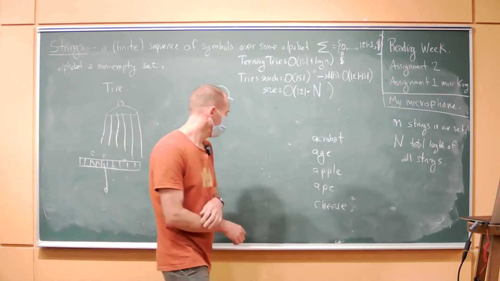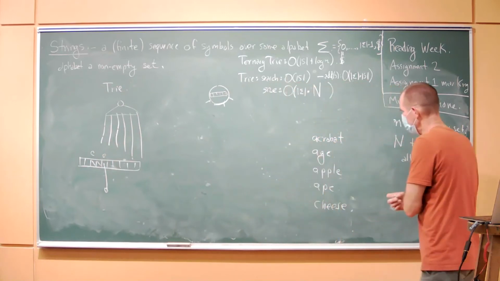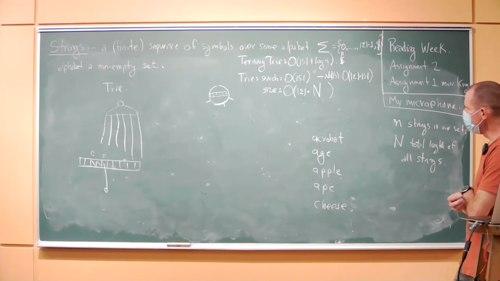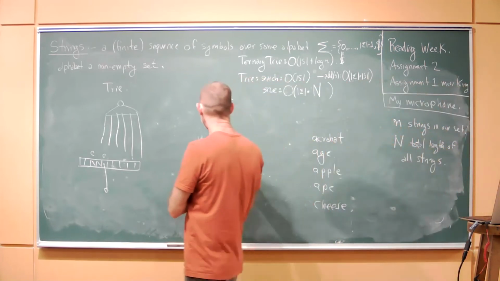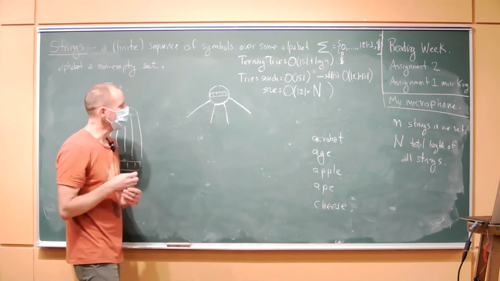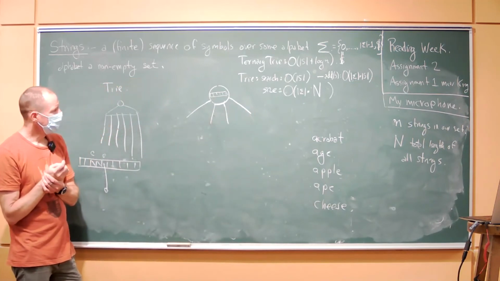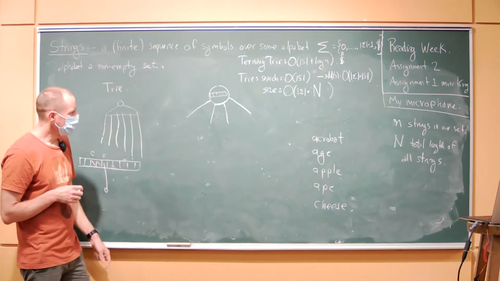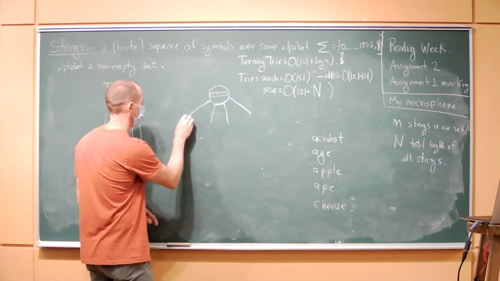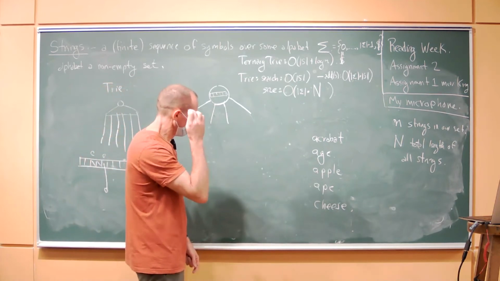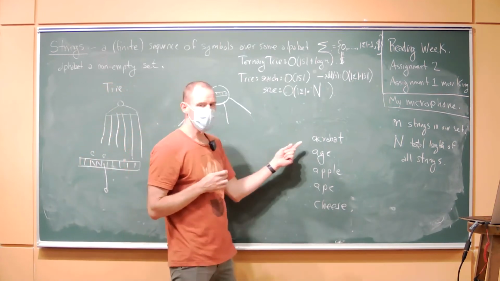Well, we could be a little bit more efficient, maybe. We'll still do the same thing where you can have as many edges coming out of a node as there are letters in the alphabet, but the labels on those edges can be a bit longer. In fact, the labels can just be strings.